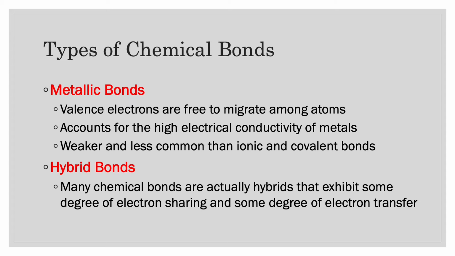And so hybrid bonds is the name of those bonds because, as I said, in reality, most bonds might be primarily covalent or primarily ionic, but they're actually a combination of those things. But for the most part in this class, for simplification's sake, because this isn't a chemistry class, I'll be talking about covalent bonds, ionic bonds, and metallic bonds.